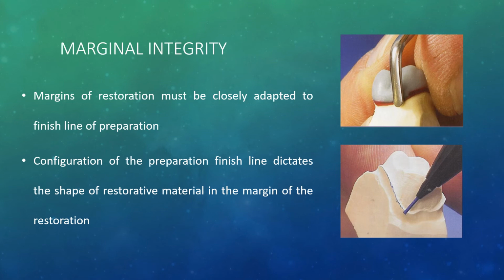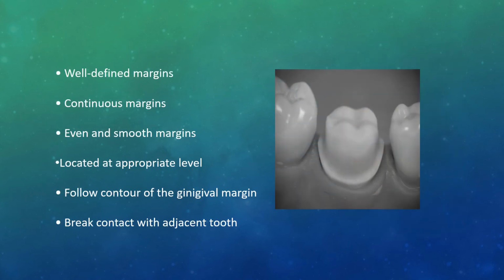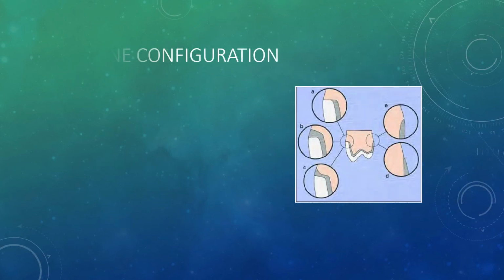So basically, the marginal integrity comes from preparing the finish lines properly and restoring the tooth structure at the right place. So it would be well-defined margins, continuous margins, even and smooth margins located at an appropriate level. Follow the contour of the gingival margin, break contact with the adjacent tooth. So you have to follow all these factors first.